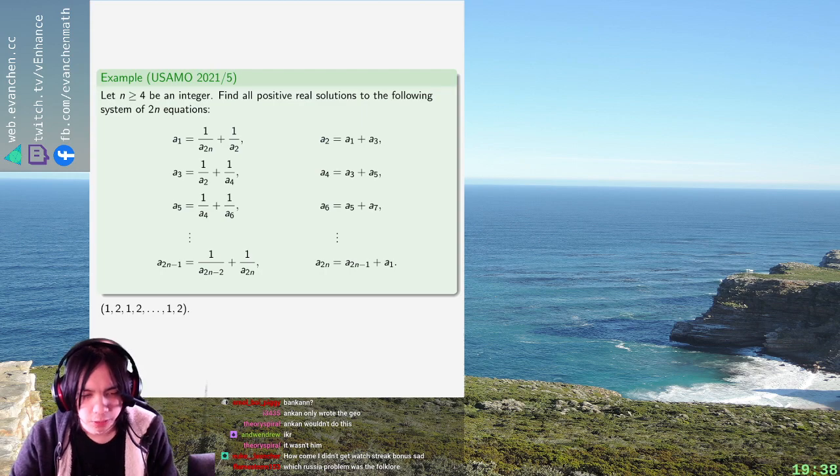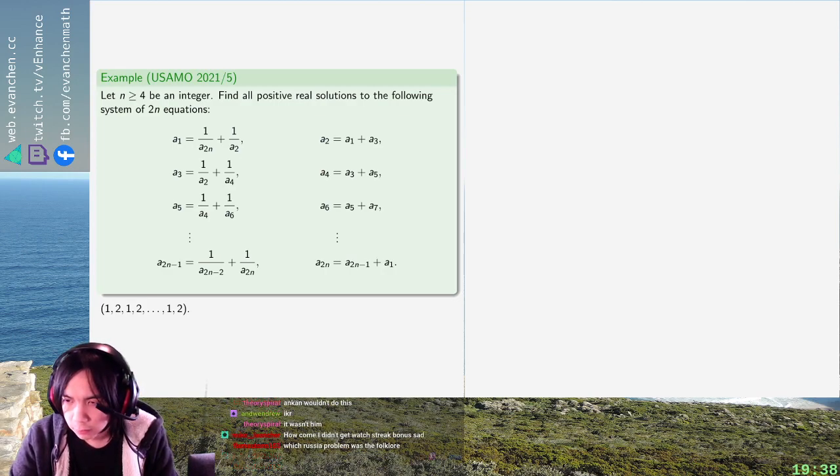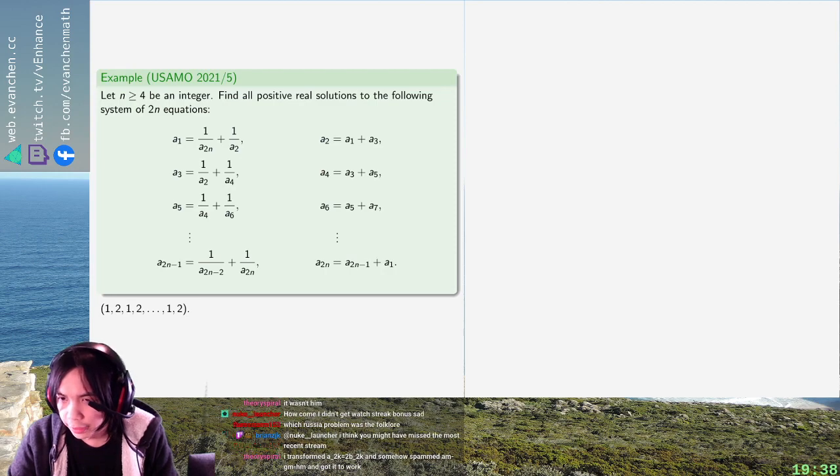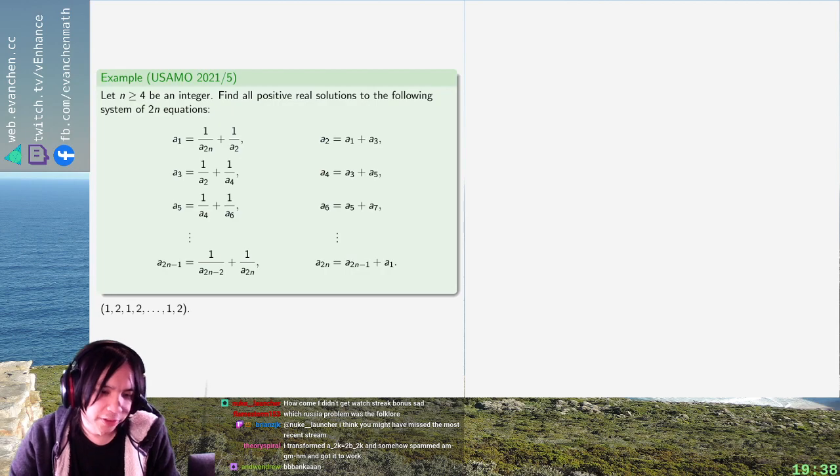All right, so here's the proof. We're going to do Andrew's proof, right? We're going to look at the min and the max across all the numbers. There's a sense in which positive reals is important.